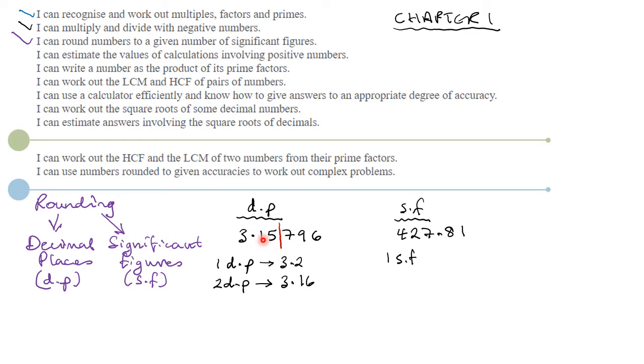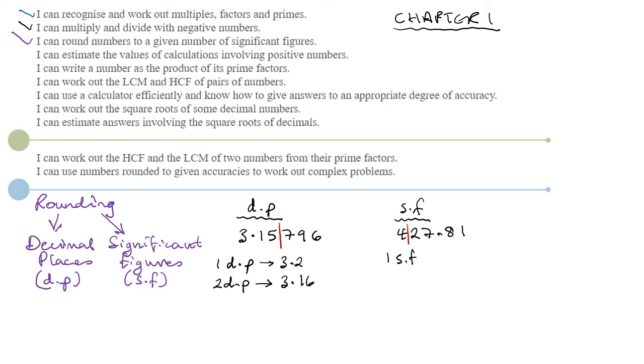So we said 1 decimal place, 2 decimal places, so on. That told us where we drew the line. Significant figures, you don't start at the decimal places. You start counting from the start of the number. So we don't start counting from 1, 2 like this. We start counting from here. So after the 4, we draw a line here.